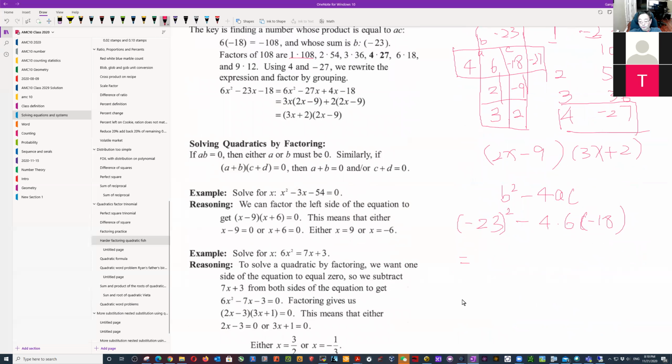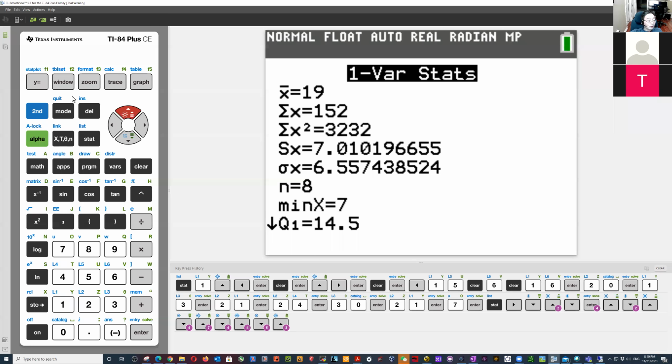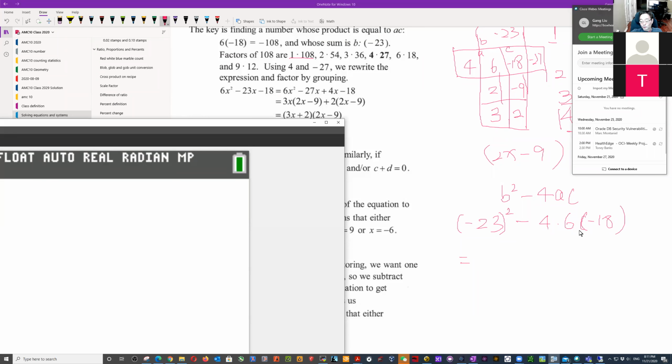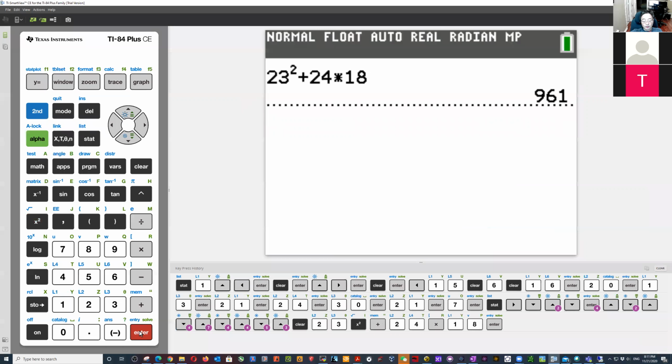Let's try to calculate it. I'm not going to spend too much time, I'm just going to bring up a calculator. 23 squared, minus minus becomes plus, so this is plus 24 multiplied by 18, which equals 961.